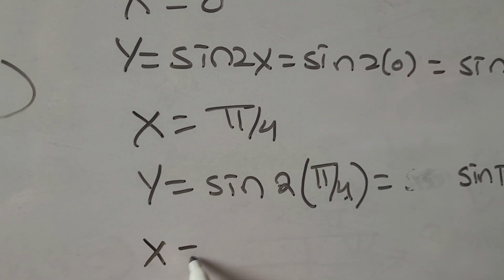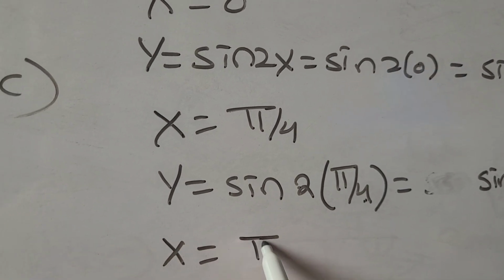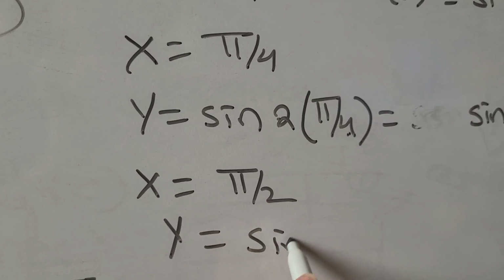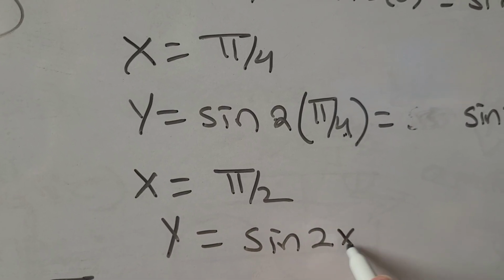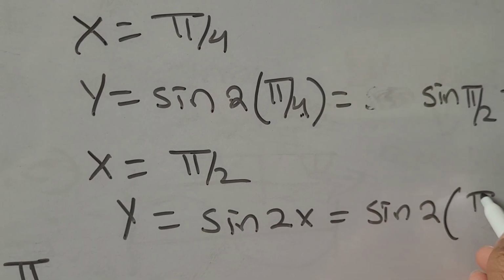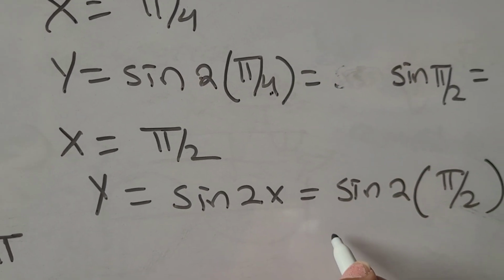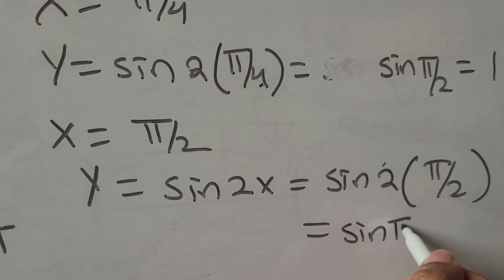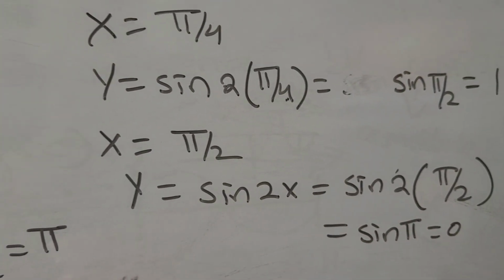And for x equal to pi by 2, my y value will be sine of 2x, which is sine 2 times pi by 2. 2 and 2 get cancelled out, and it will be sine pi, which is 0.